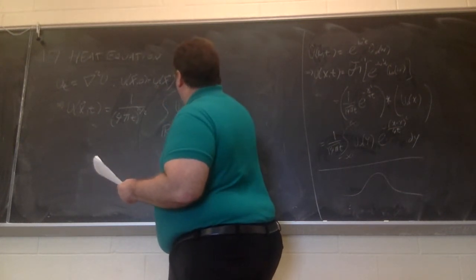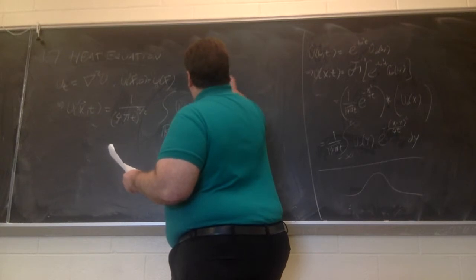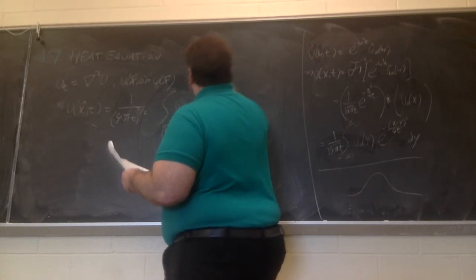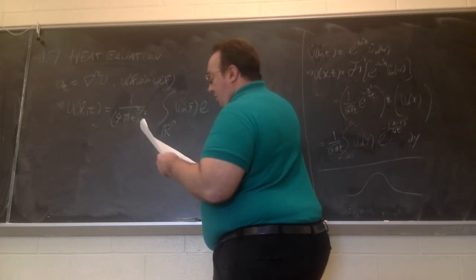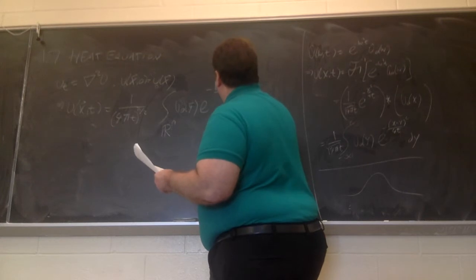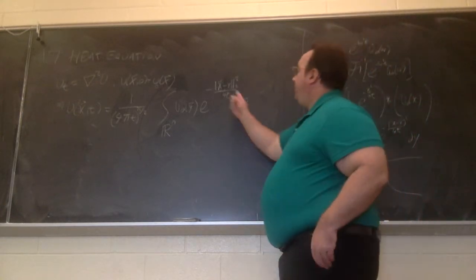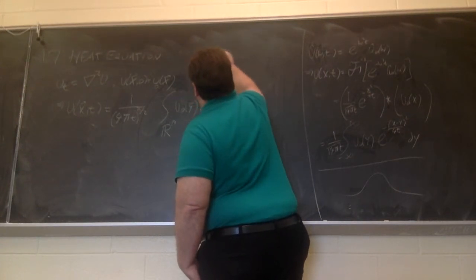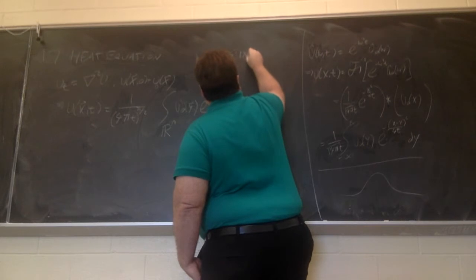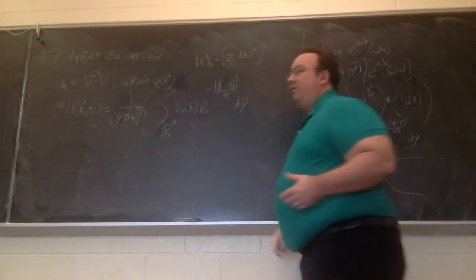I still have u naught of y. And then I have the same kind of Gaussian function, e to the minus magnitude of x minus y over 4t, where this is Euclidean length, so that's the square root of the sum of squares.